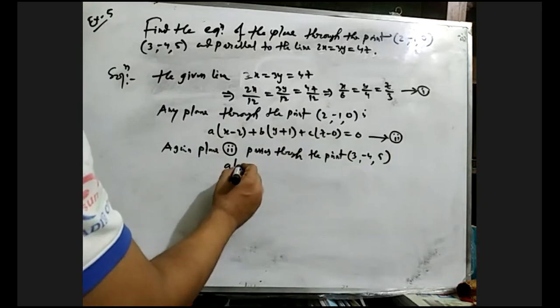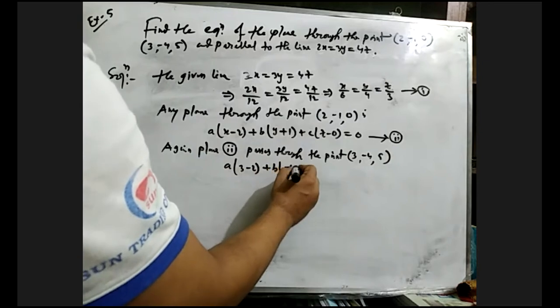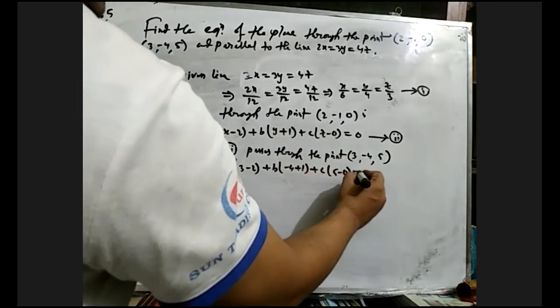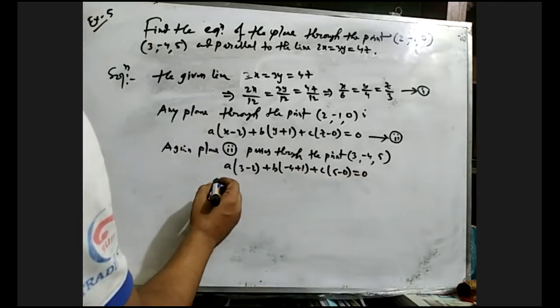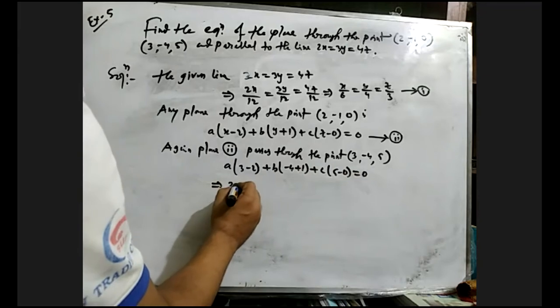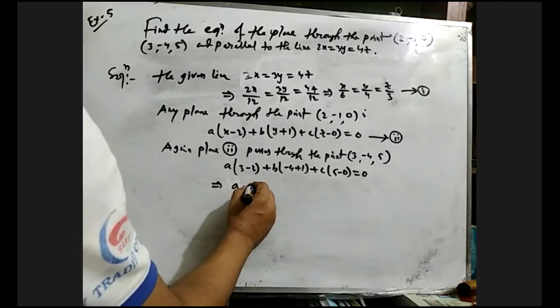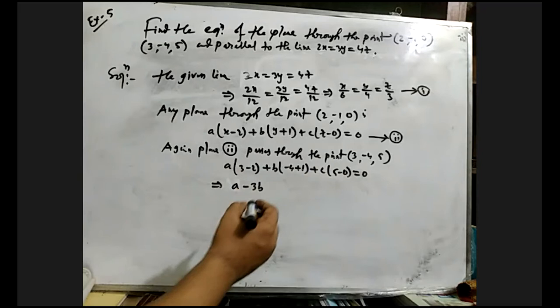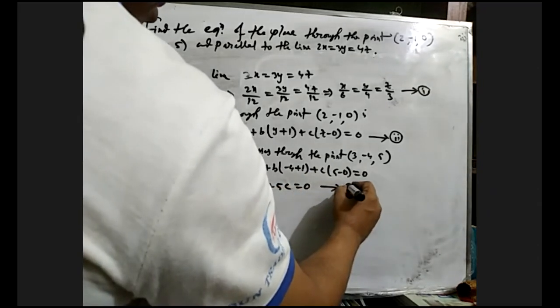That means a(3 - 2) + b(-4 + 1) + c(5 - 0) = 0. So from this we can write a - 3b + 5c = 0. This is equation number 3.